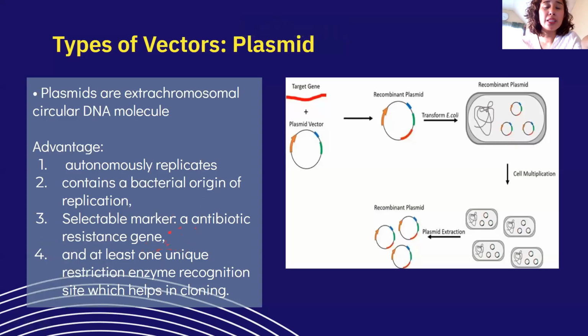Meron siyang antibiotic resistant gene, for example, ampicillin or tetracycline, and one unique restriction enzyme na pwedeng gupitin.